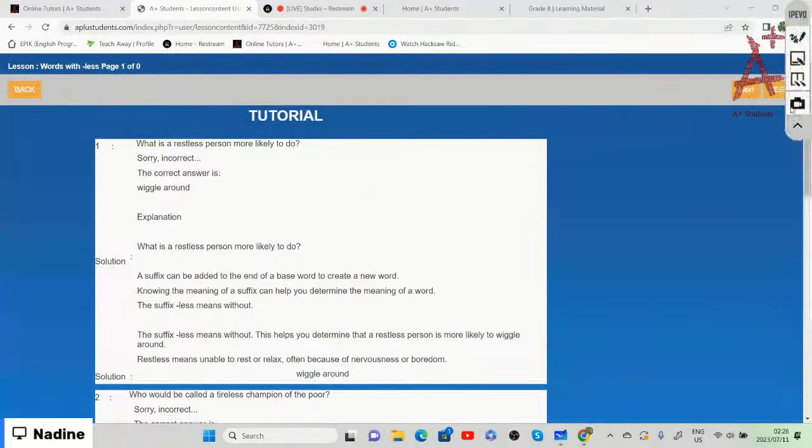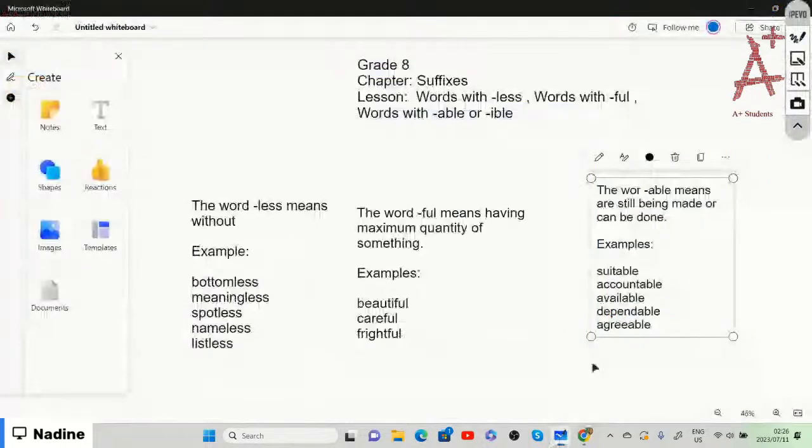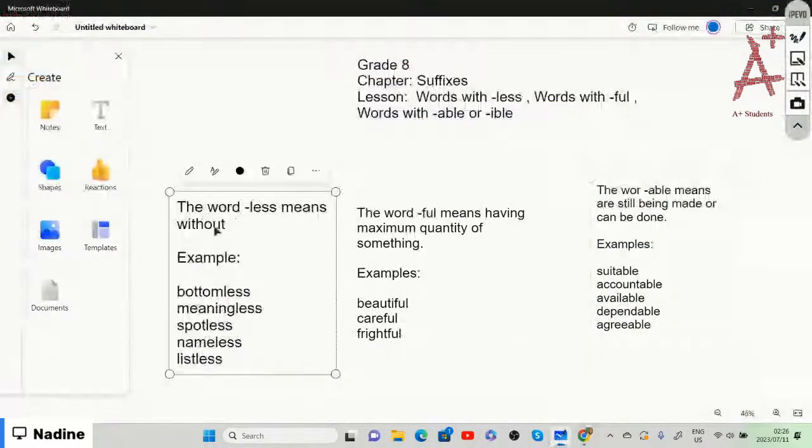All right, if we go over to a whiteboard, right? The word less means without. We say less means without, right? Bottomless, right? Without a bottom. Meaningless, no meaning, no sense, right?